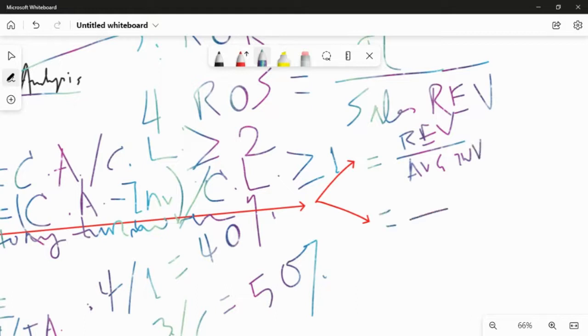The second formula is CGS over average inventory. Now you understand revenue and CGS are two sides of the same coin, right? Remember, revenue is the price side of the CGS. CGS is the cost side of the revenue. Hence, CGS is sometimes also called cost of revenue because it's the cost side of the revenue, right?